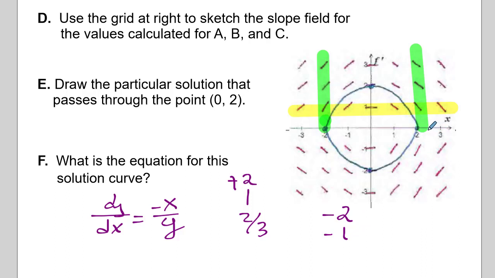And if we go to 2, 3, we get negative 2/3, which is yet another increase. We're going towards 0. We're going up. So that's an increase. So we can say for x values that are less than 0, dy dx decreases for a fixed value of x. And for x values that are greater than 0, dy dx increases for a fixed value of x.